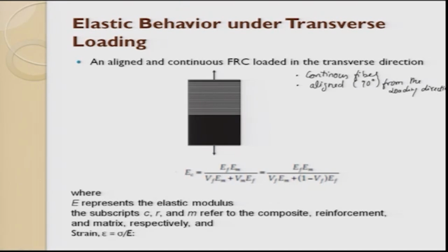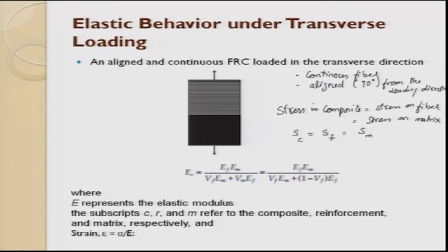The other thing is the stress in the composite is equal to, that means uniform stress is applied, stress on fiber and this is equal to stress on matrix. So S of C equal to S of F, which is equal to S of M.